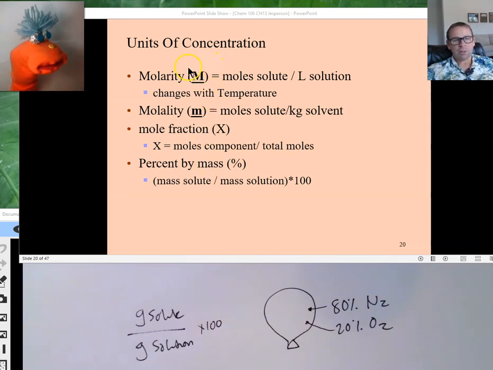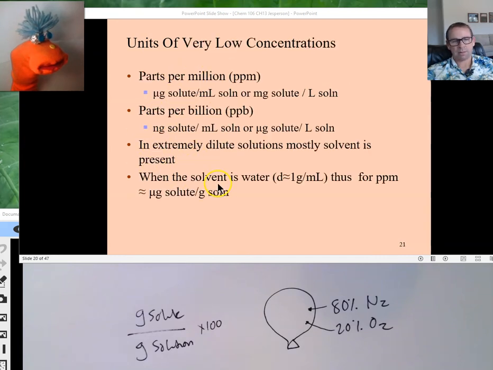So we want to be able to identify the molarity, the molality, and the mole fraction and mass percent of any solution. And we also want to be able to identify what we call parts per million. Now, we did a lab in Chem 105. I don't know, depending on the lab class, but sometime you might have heard of this parts per million.